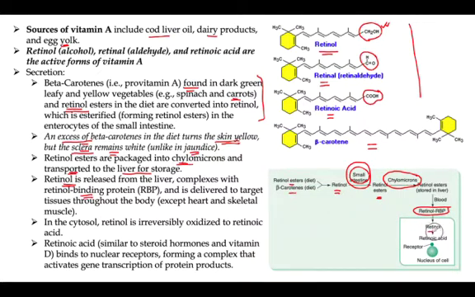Once retinol reaches the cytosol, it is converted to retinoic acid, and this conversion is an irreversible process.